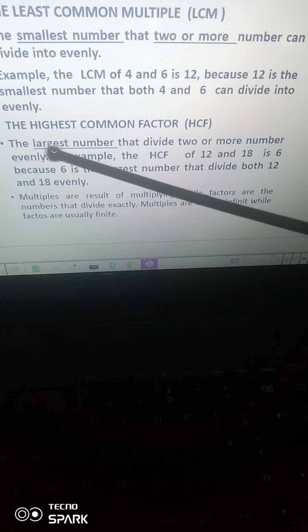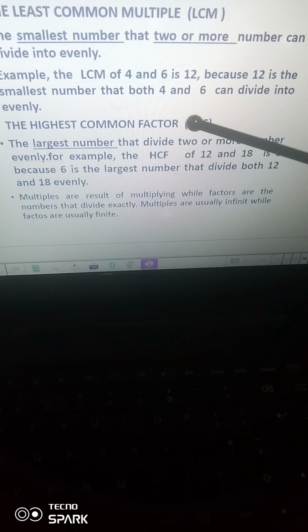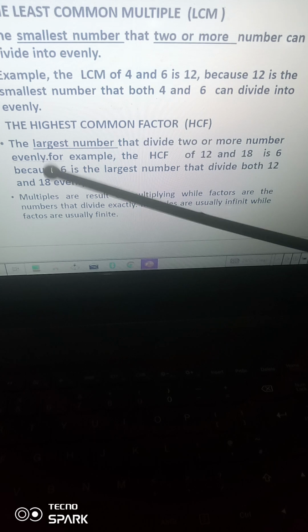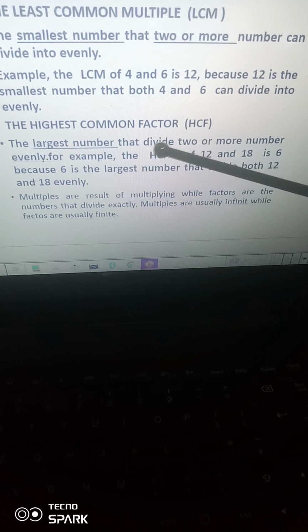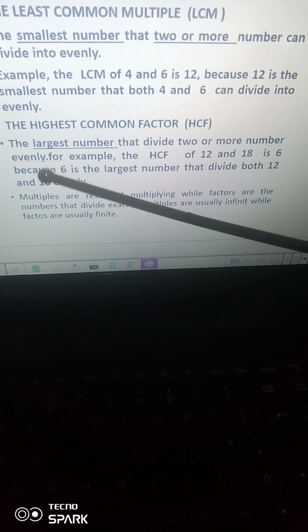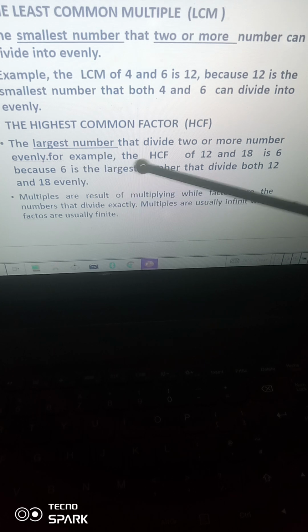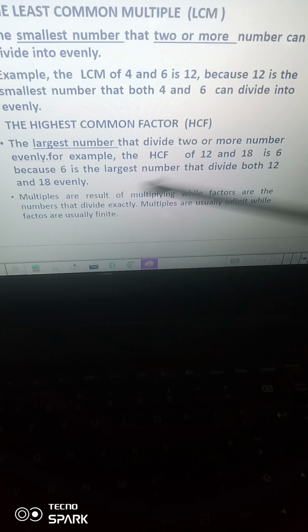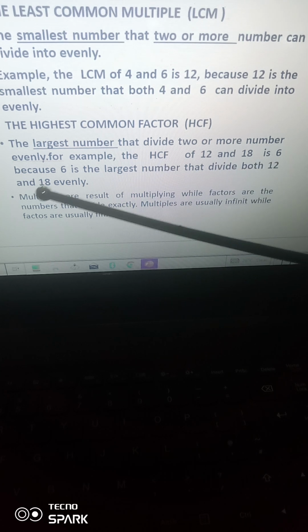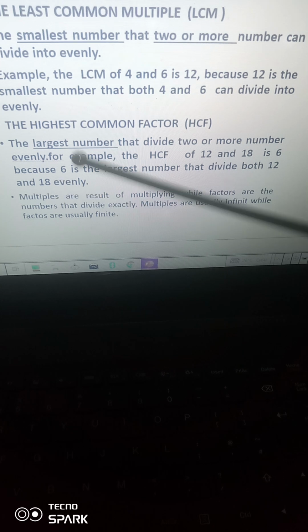Now, the highest common factor. The highest common factor is the largest number that divides two or more numbers exactly without what? A remainder. For example, the HCF of 12 and 18 is 6 because 6 is the largest number that divides both 12 and 18 exactly without what?